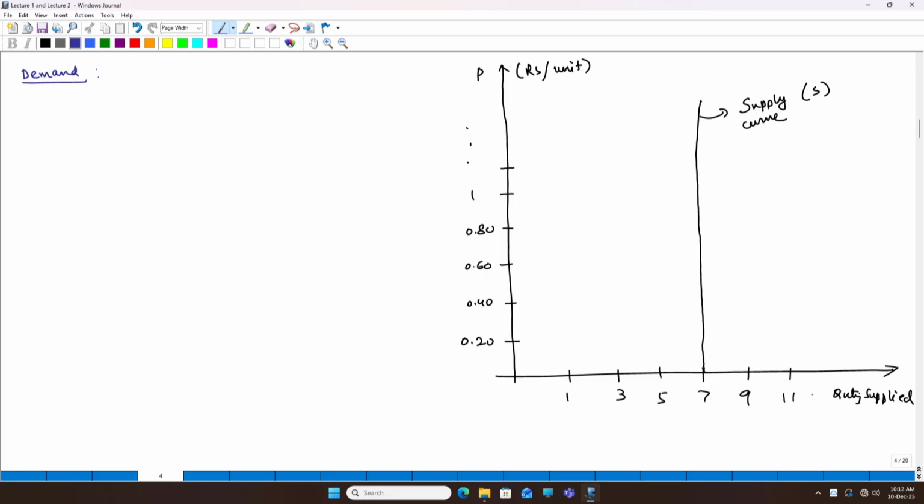So, the way we will construct the demand curve is, we will construct the demand curve by guessing the price of each pencil and asking what is the total quantity demanded at that price.